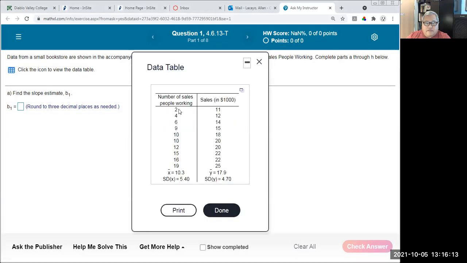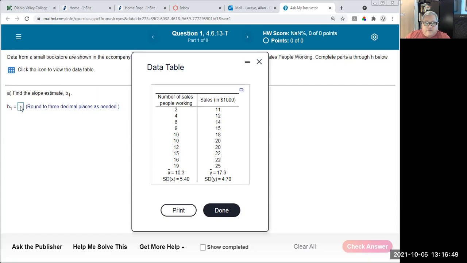And in the raw data you see are the number of people working, including the mean and the standard deviation at a company, the number of salespeople on a floor, like at a Sports Authority, or at a bookstore, like it says here, at Barnes and Noble. And then the Y variable is the amount in sales closed by these people working the floor of the store in thousands of dollars with a given mean and deviation.